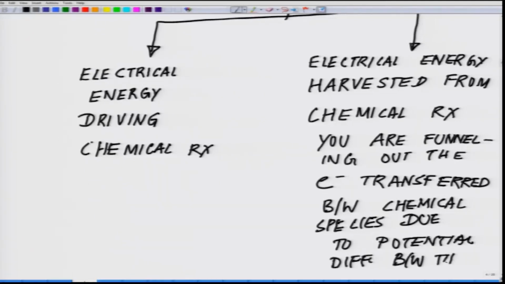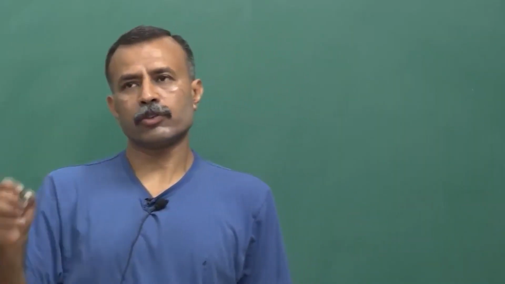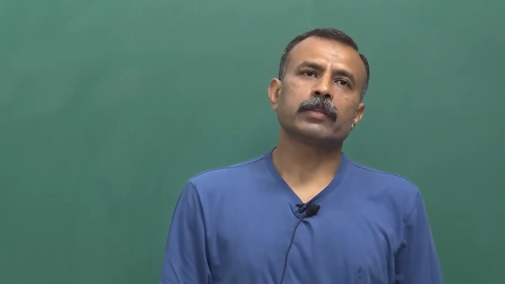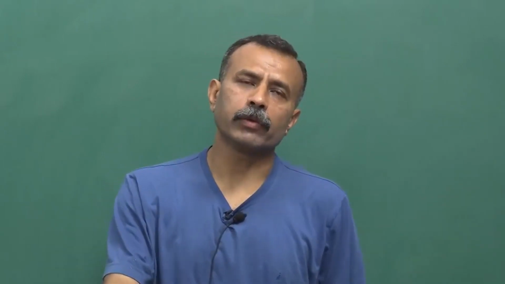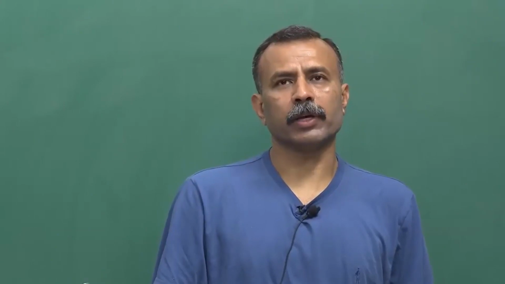If you remember in the last class, we talked about why an electron should flow from a species A to species B, or point A to point B. The flow takes place because of the potential difference, or in other words, the energy function of that particular material.